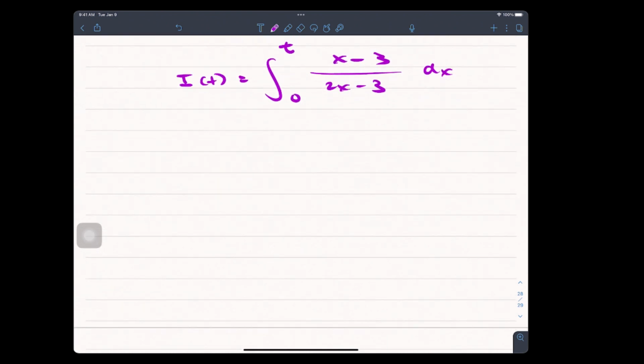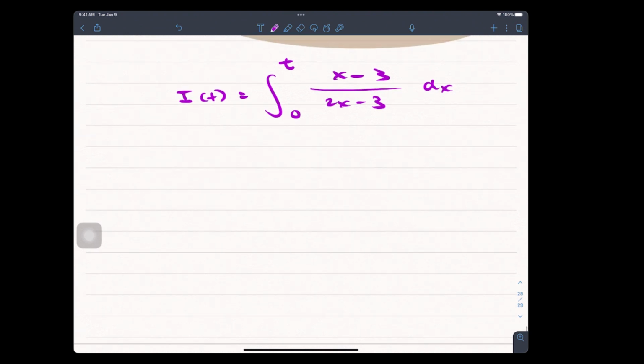Now, does anybody happen to know how you handle this situation? How do you integrate this? Huh? You guys know? What can I do? Yeah, I want you guys to note something here. I don't know if I did this for you guys.